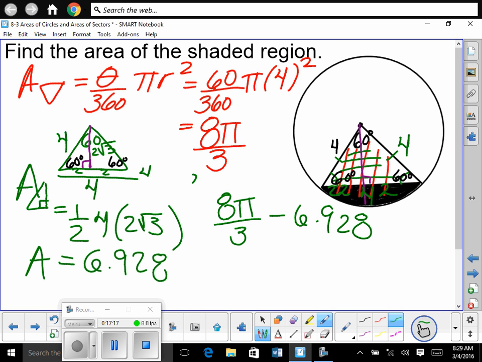So calculate that, and there's our area of the shaded region. 1.44. Did everybody get that? Well, it would be 1.45. Okay, perfect. So 1.45. Good.